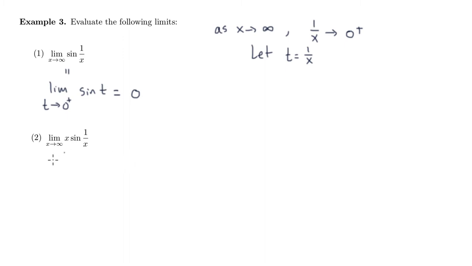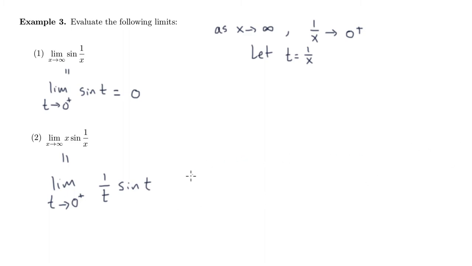And I can do exactly the same trick here. So I can say, again, let t be 1 over x, so that as x goes to infinity, t is approaching 0 from the right. Now, x is going to be 1 over t, and then again we have sine of t, right?